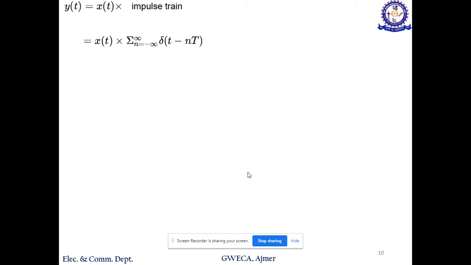The function of the impulse train is given by the summation from n equal to minus infinity to infinity of delta(t minus nTs), as we saw earlier. After solving this, y delta(t) is equal to the summation from n equal to minus infinity to infinity. When x(t) is multiplied by this function, x is uniformly distributed along the t-axis, so it is given by x(nTs) delta(t minus nTs).